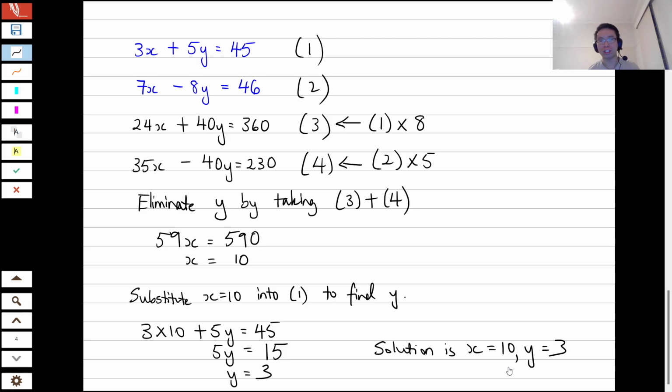I want you to just pause for a moment and appreciate how short this calculation was in comparison to how complicated this question looks. If we didn't have the elimination method, we would have to rearrange one of these equations for x or y and substitute that into the other equation, and we would get fractions everywhere.